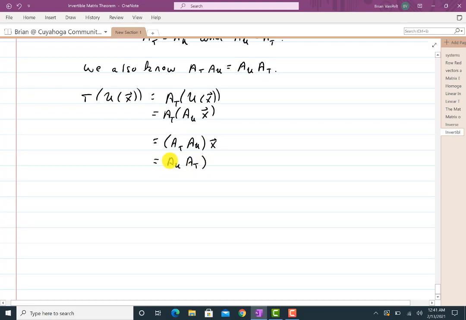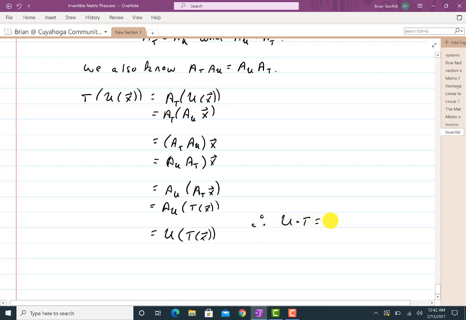A_U A_T times x, which equals A_U times A_T x, which equals A_U times T of x, which equals U of T of x. So what we have then is that U circle T equals T circle U. So these functions commute.